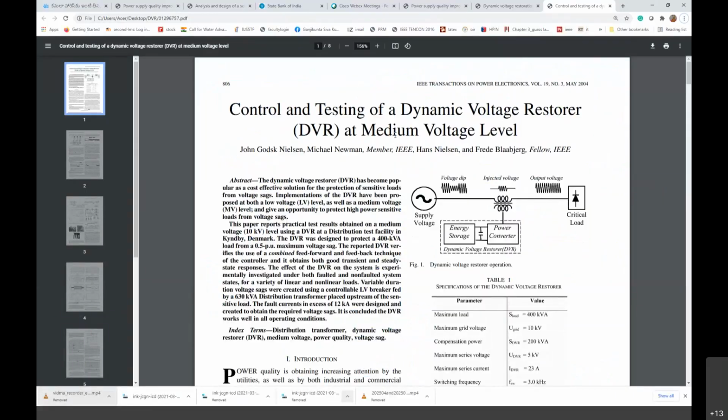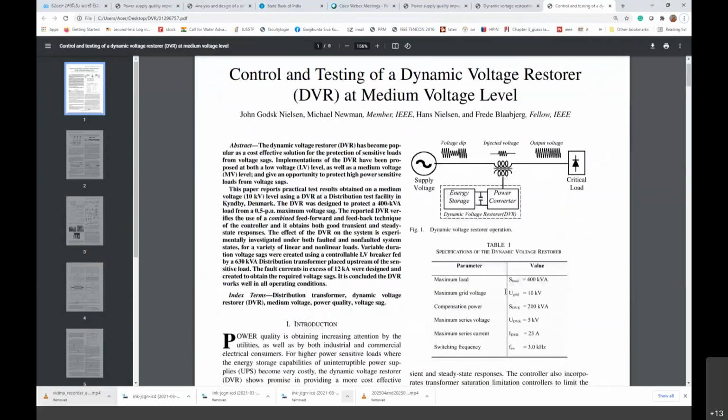This is one of the papers they have given here. Are you able to see this paper? Control and testing of dynamic voltage restorer at a medium voltage level. Here the critical load is 400 kVA, the maximum grid voltage is around 10 kV, and the compensating power is about 50%, 200 kVA.